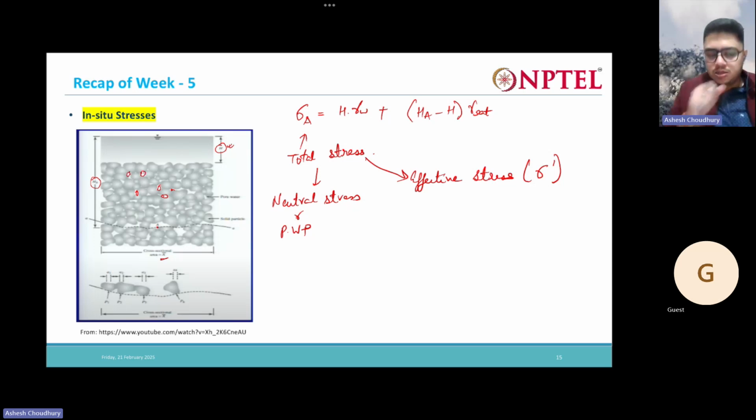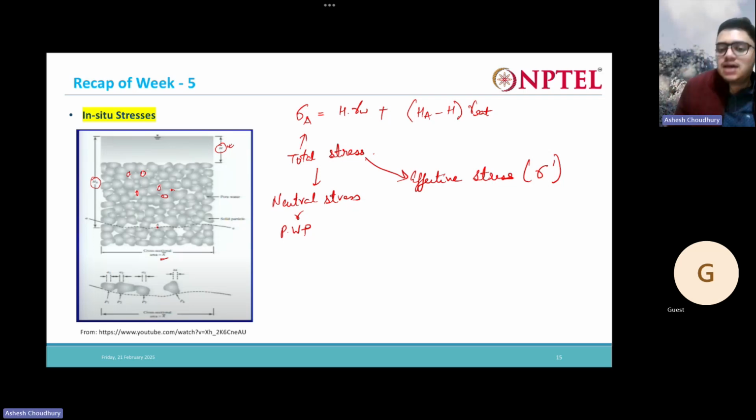From Pascal's law, we know that water exerts equal pressure in all the directions. That's why it's known as neutral stress, because it exerts equal pressure in all the directions. So one component of the total stress is this neutral stress, the pore water pressure.